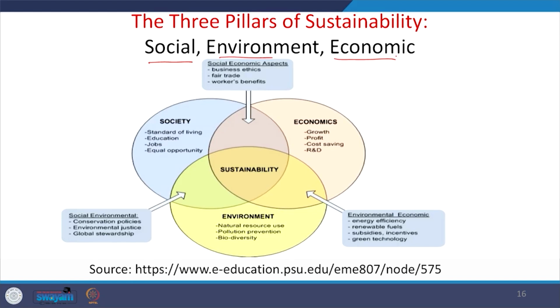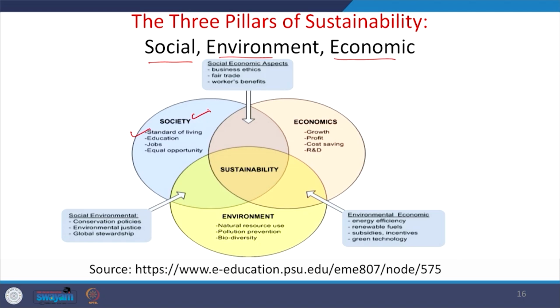So in societal aspects, in order to maintain the sustainability, we can take into account the standard of living, the education system, equal opportunity system, health system, etc. that we need to take into account for having the societal sustainability.